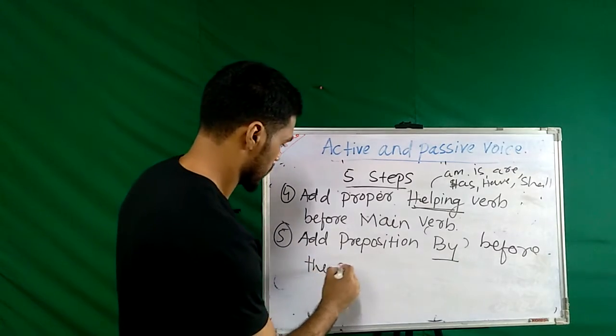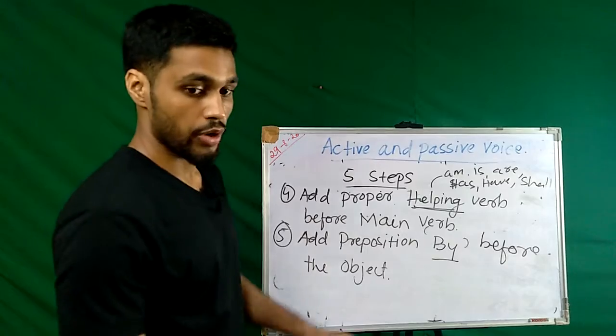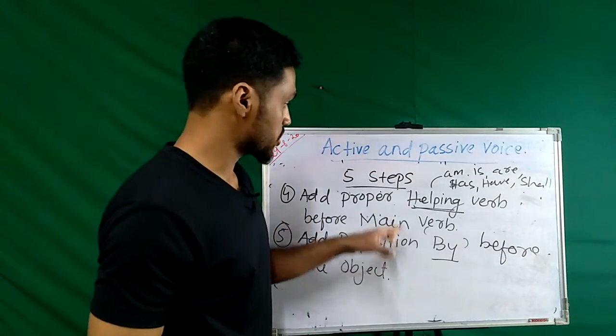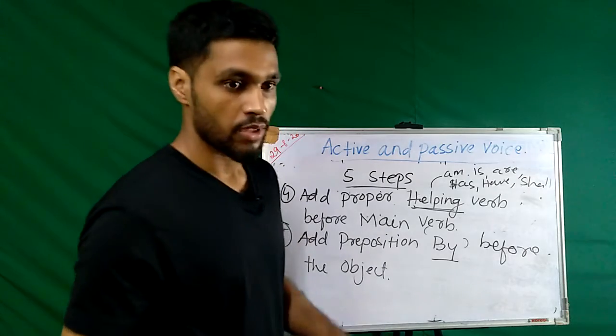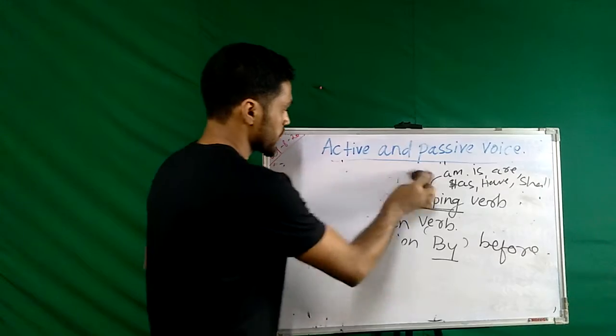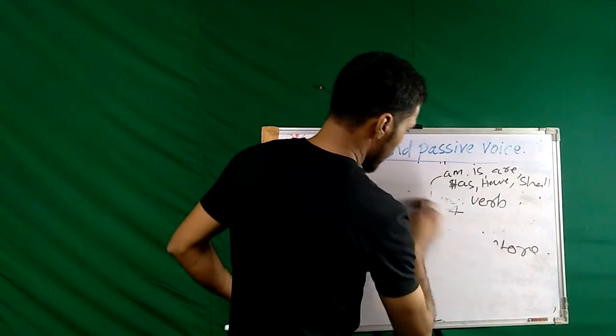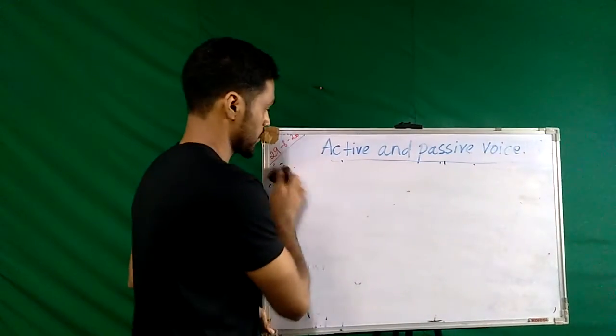So we have to learn these 5 steps to convert the active voice into passive voice. So let's take these 5 steps and try to convert the active voice into passive voice.